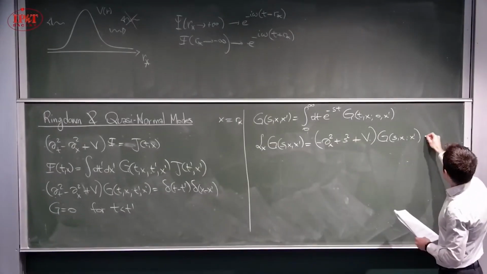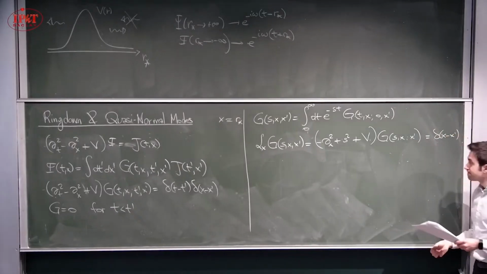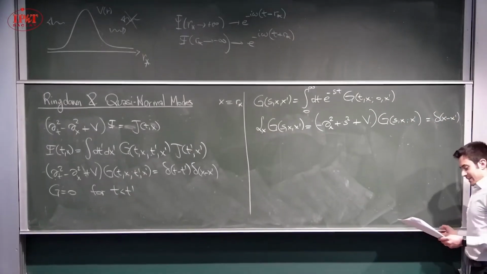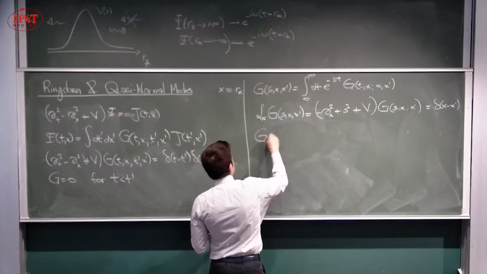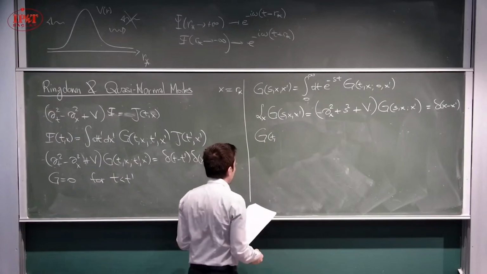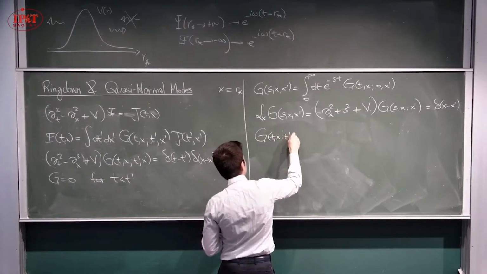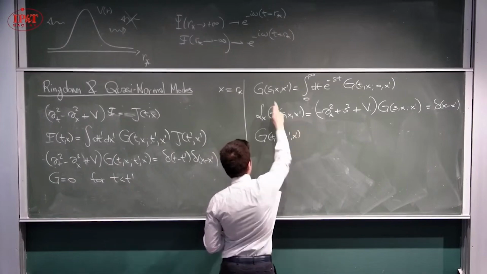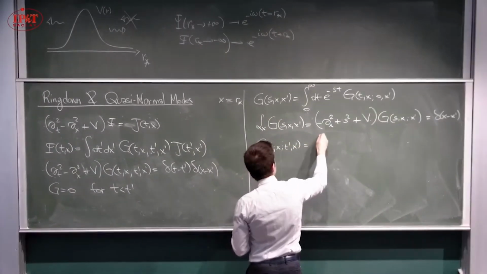Okay, equal to delta function. Of course, in direct space, if you want, the Green's function can be obtained by inverting the Laplace transform of G, which is essentially something like this.